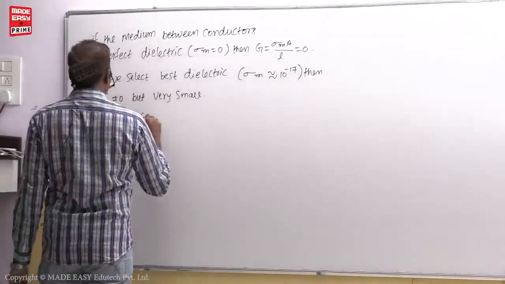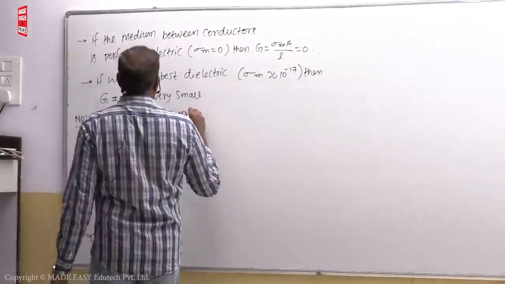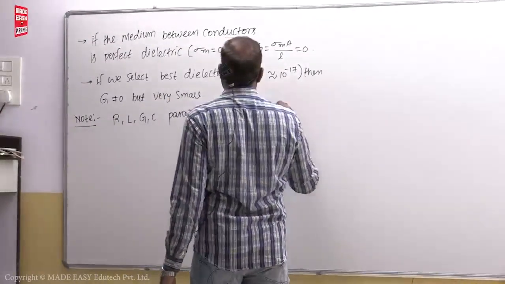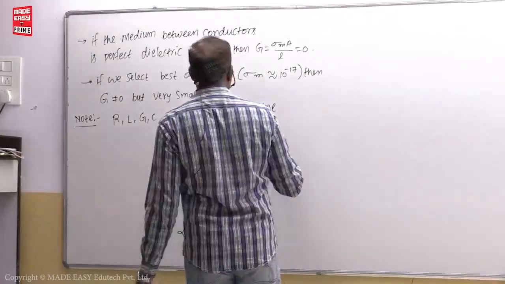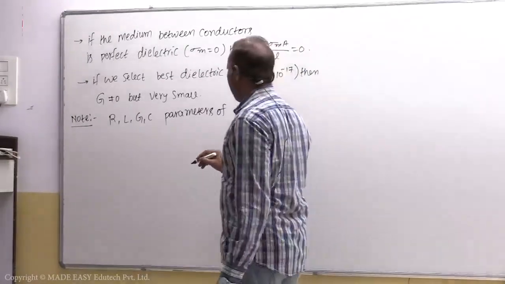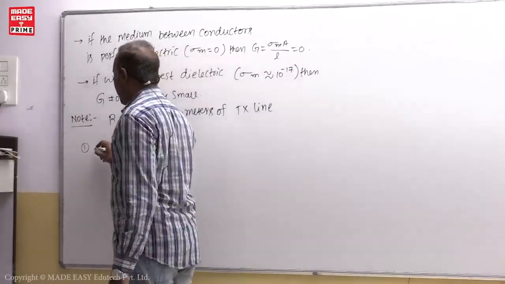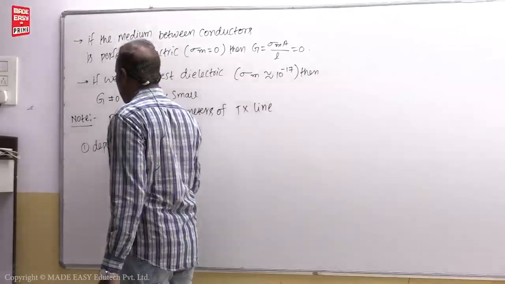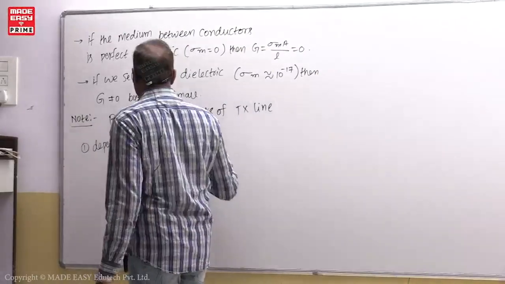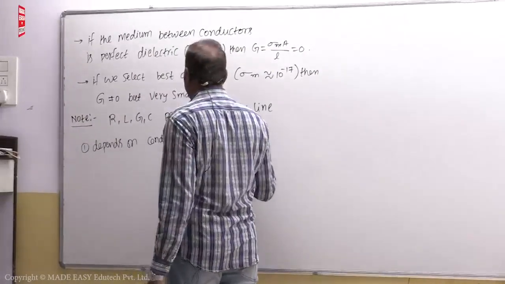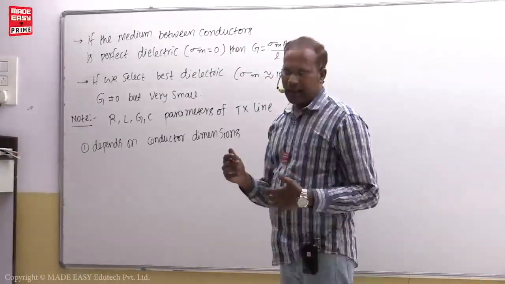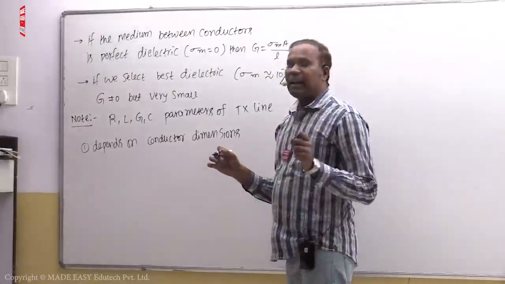R, L, G, C are parameters of a transmission line. The first one depends on conductor dimensions like area, etc., but is independent of length.